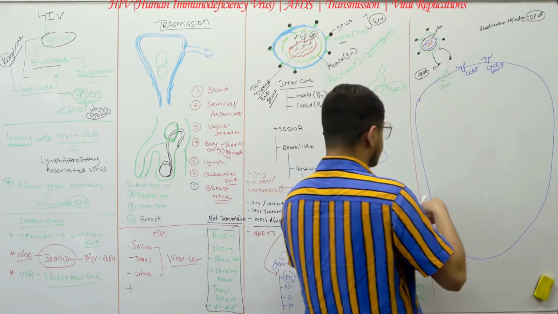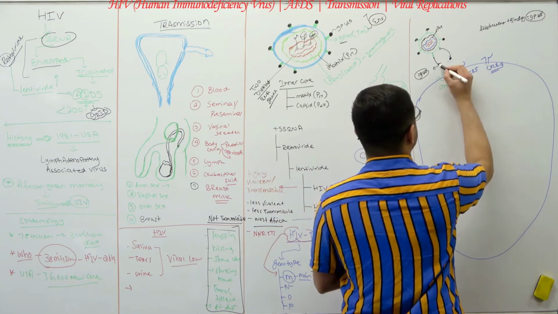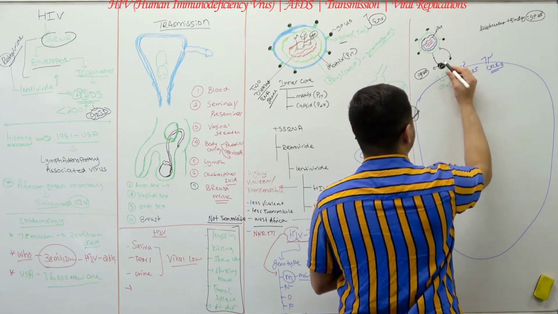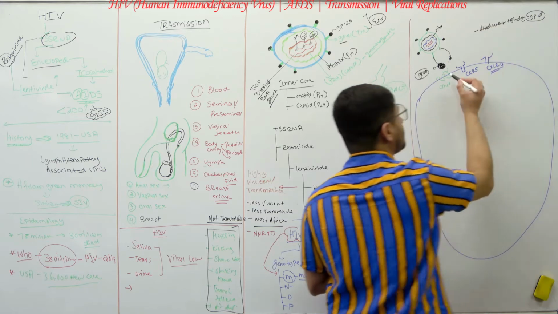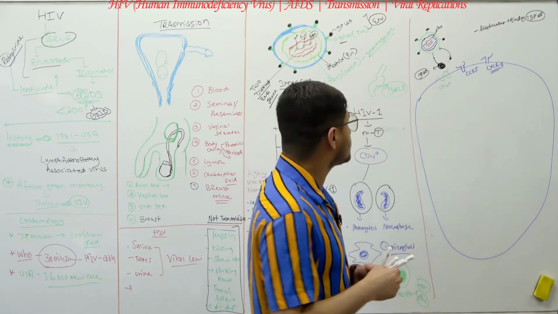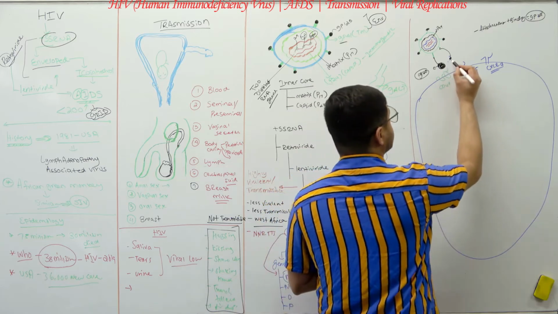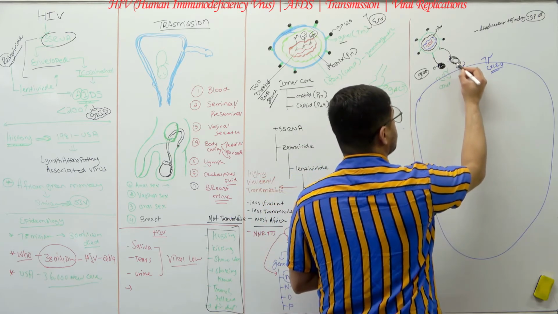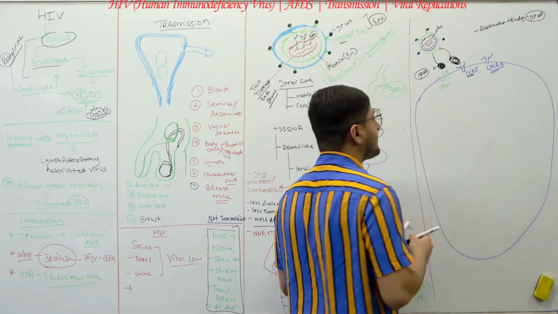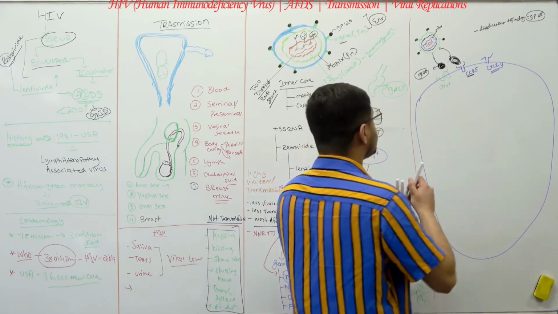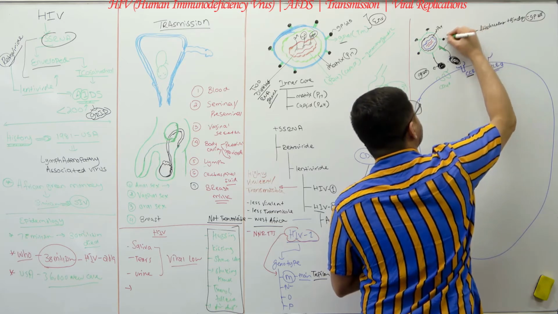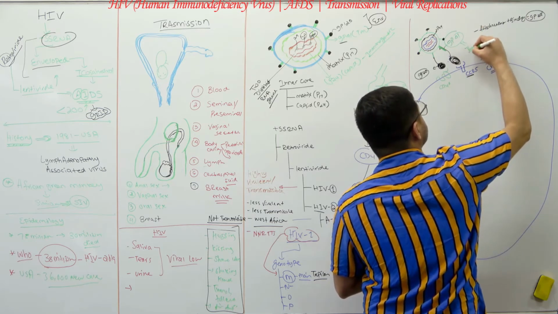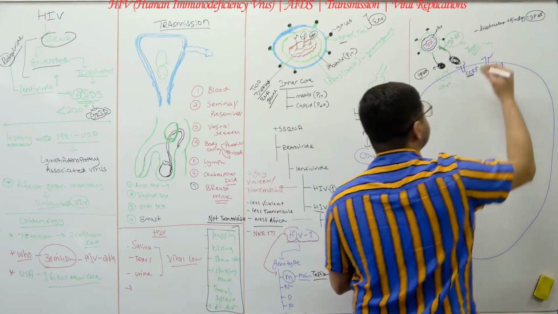So when the virus comes, it binds to this. This is glycoprotein 120. Remember, glycoprotein 120 is for attachment and binding. That induces conformational changes, which results in binding to CCR5.